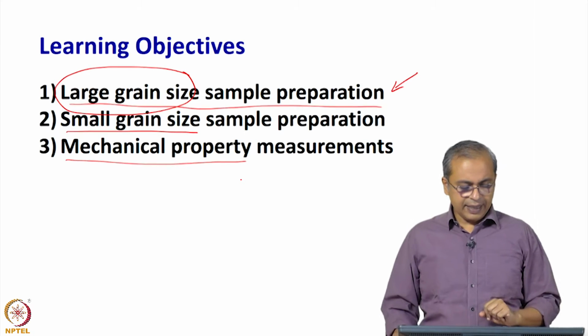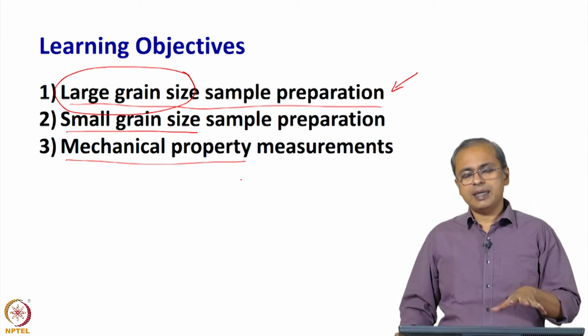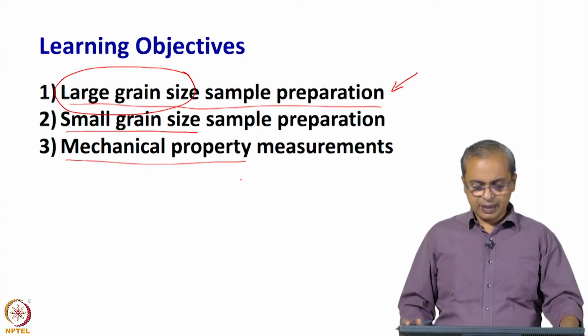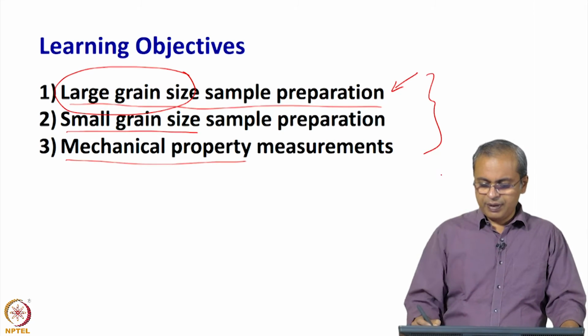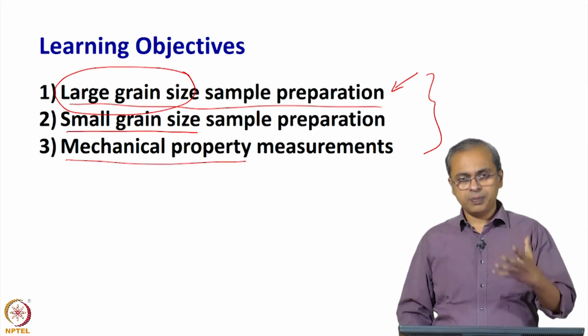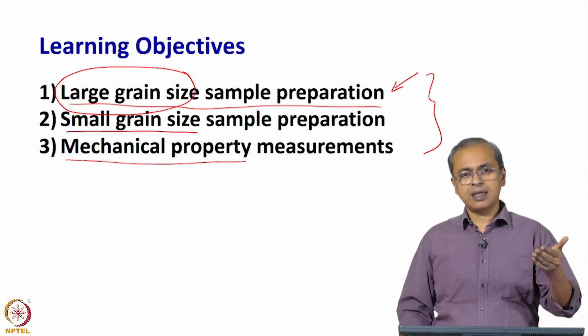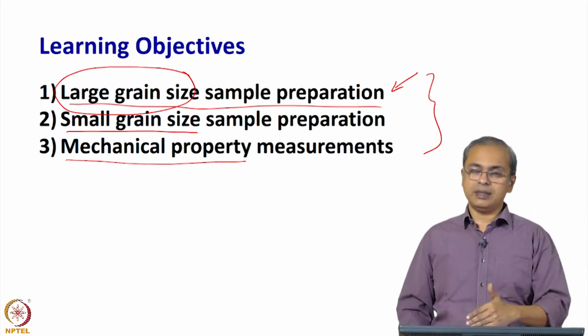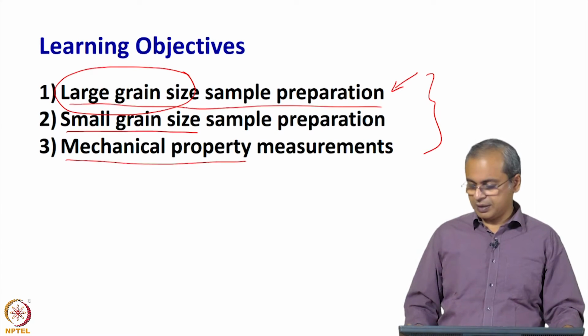So, this is the idea here, and since in this class we are looking at the experimental aspect of it, in all of these cases we are going to focus on the experimental part of how you would get the large grain size, how you would get the small grain size, and how you will make this mechanical property measurement.